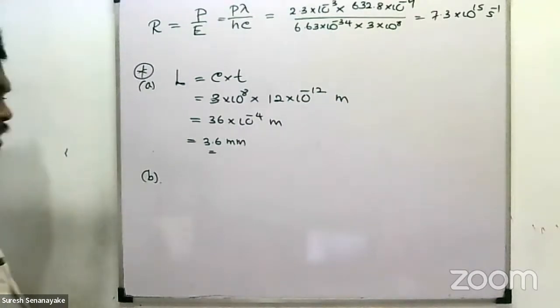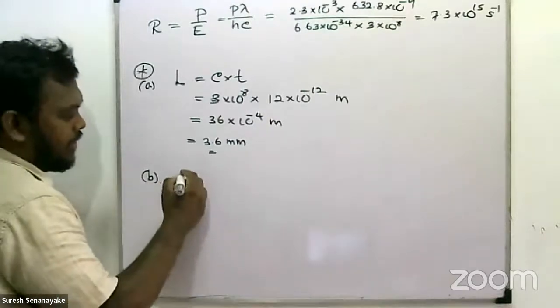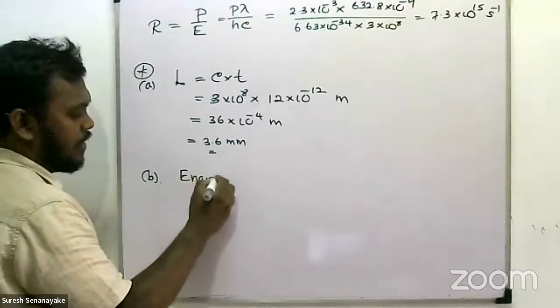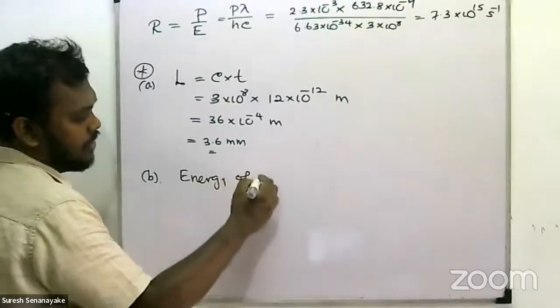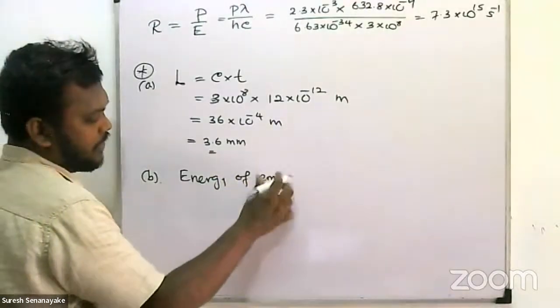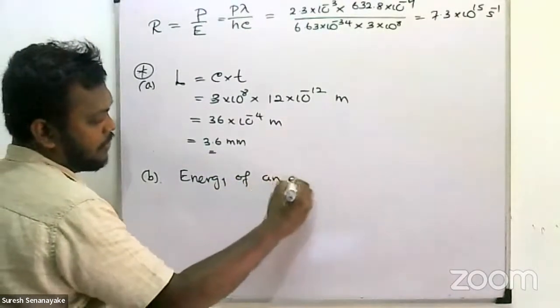Right. First you find the energy of a photon, the energy of an emitted photon.